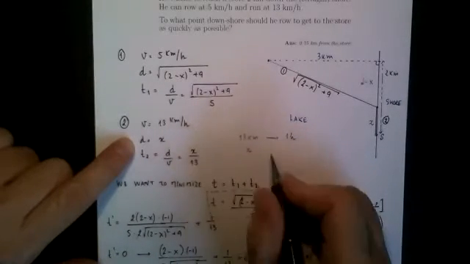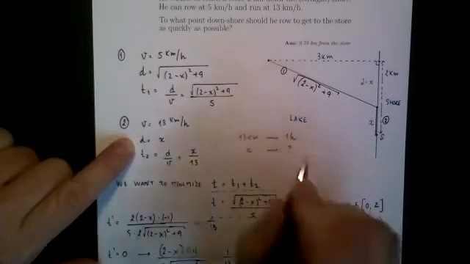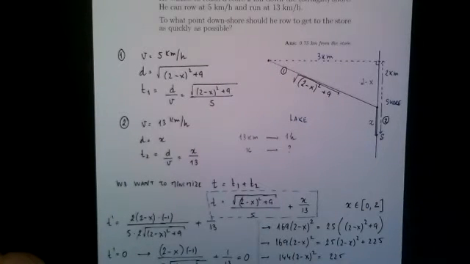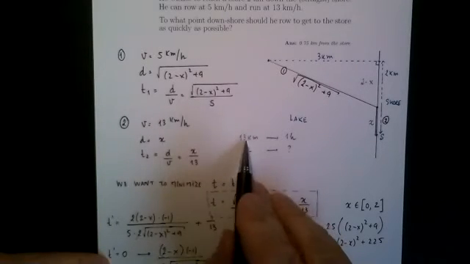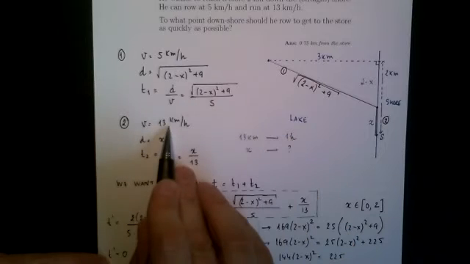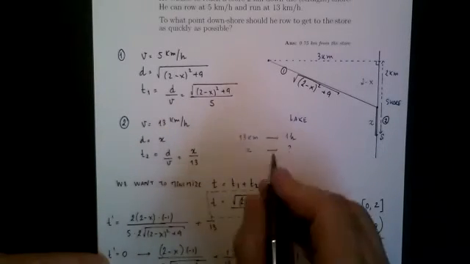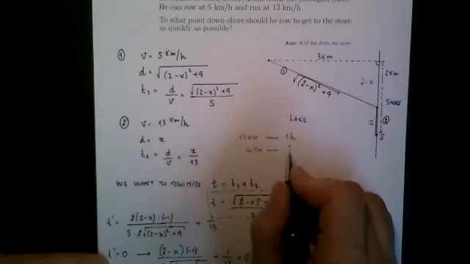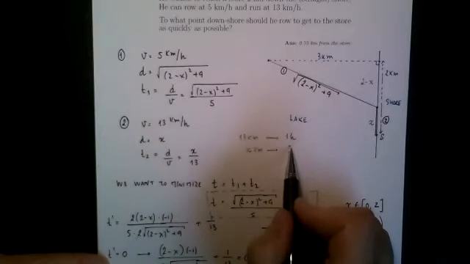If he does X kilometers, in how much time? Do you understand that? 13 kilometers in 1 hour, that's his velocity, his speed. X kilometers in how many hours? How do you find this?